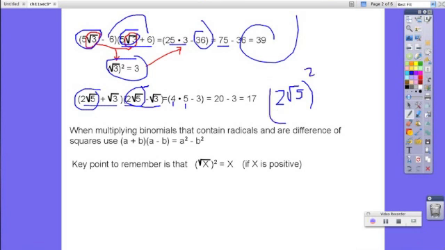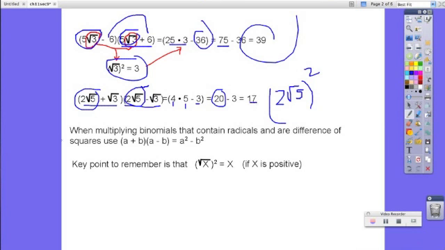Okay? So once we do that, we get 4 times 5, and square root of 3 times the square root of 3, which is square root of 3 squared. It's just the radicand, 3. And then we simplify. 20 minus 3 is 17.